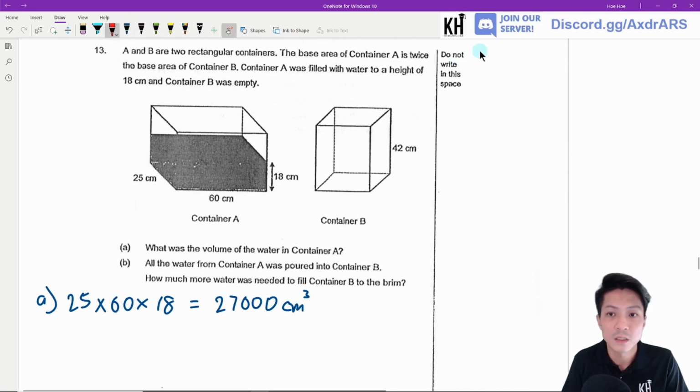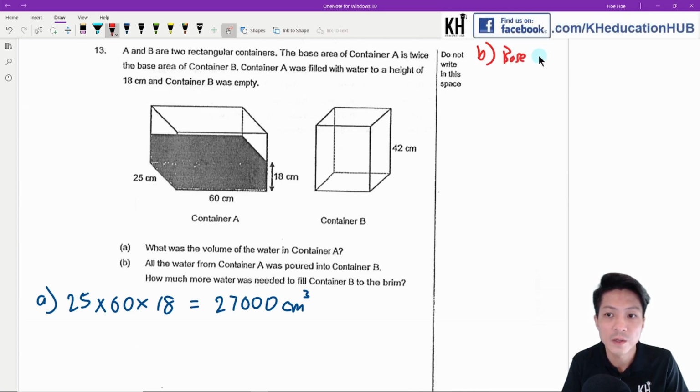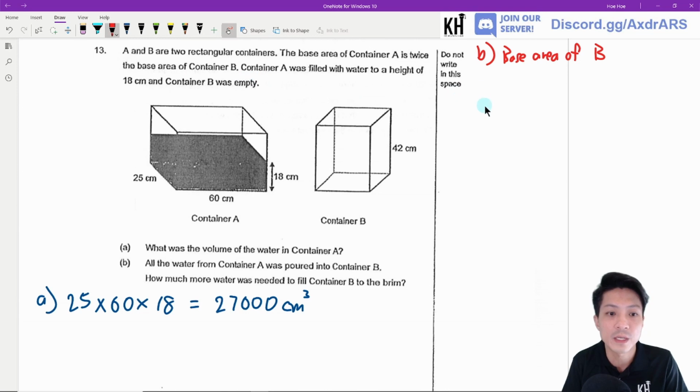Okay, for part B, first we need to find the base area of B. It is said that the base area of A is twice the base area of B, right?